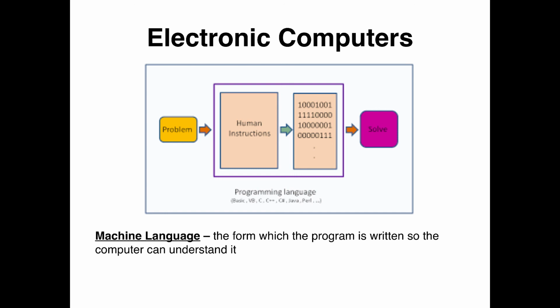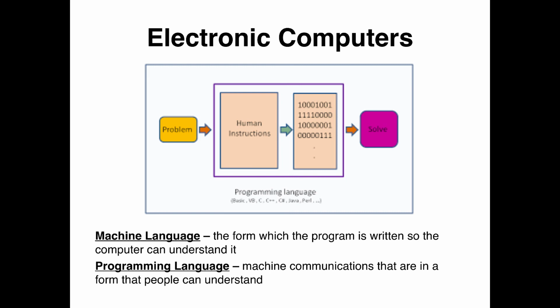It gives you an answer in computer language, which then is translated back into human language for you to understand it. The programming language is the way that we communicate with the machine so that the machine understands what we want, and it's the way the machine tells us stuff so that we can understand it.